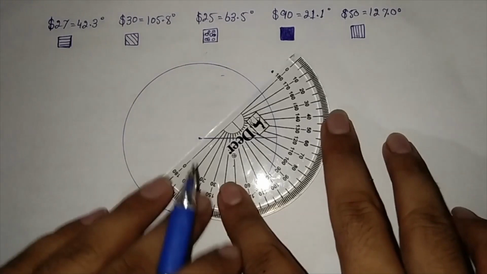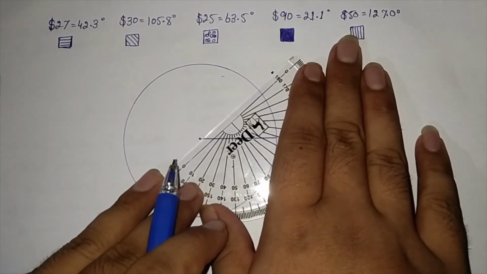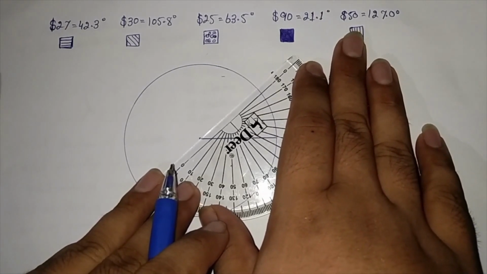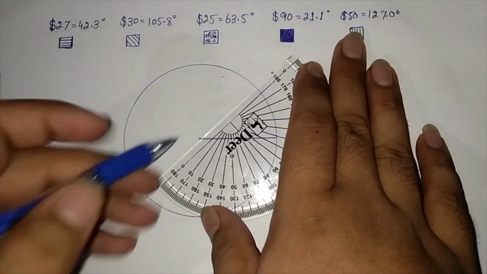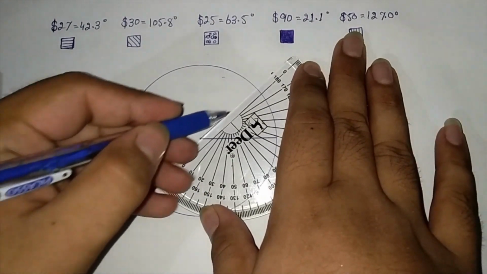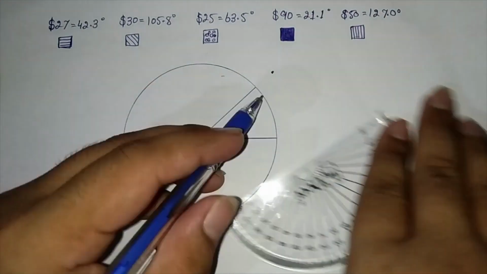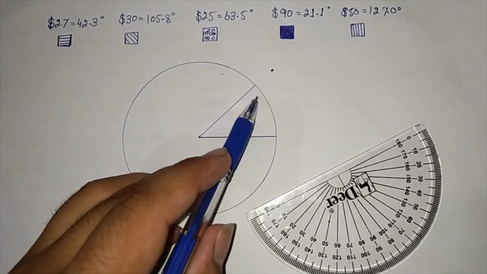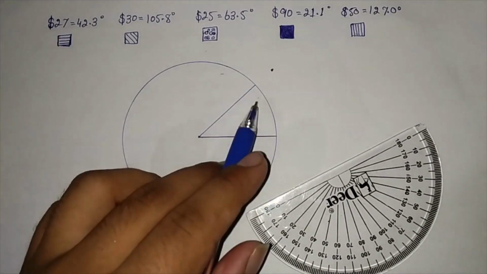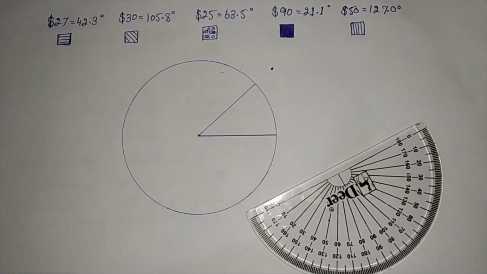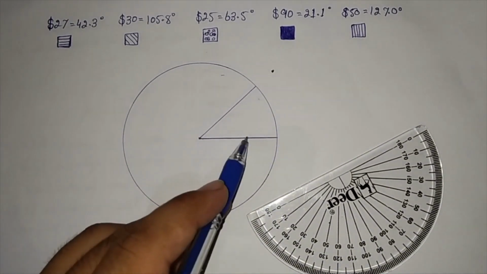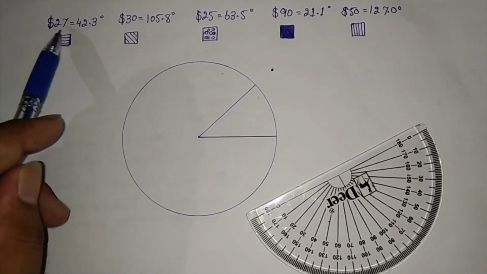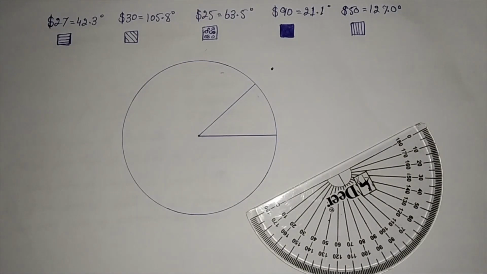Now what I will do is join the line, like this one, up to the circumference of the circle, from the center to the circumference. Now this sector, or slice of this circle, is representing this category of $27.